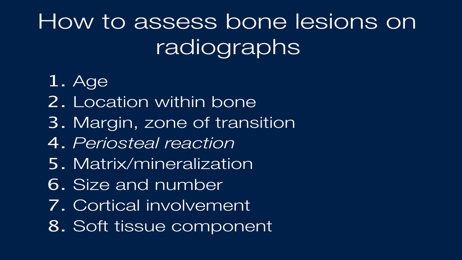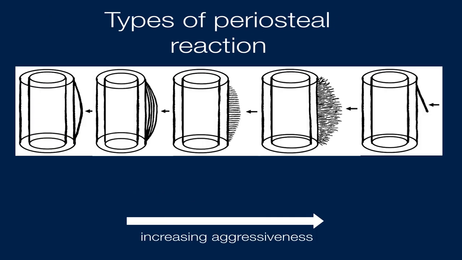So after margin of zone of transition, you move on to periosteal reaction, how the bone is reacting. And again, from left to right, increasing aggressiveness.